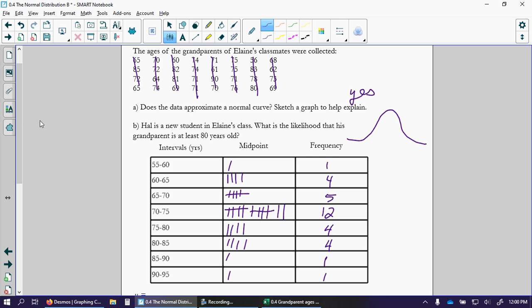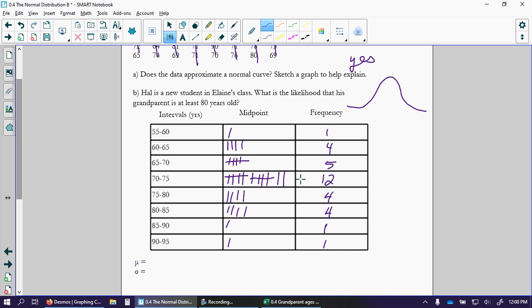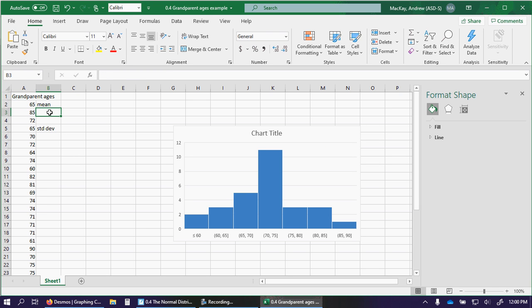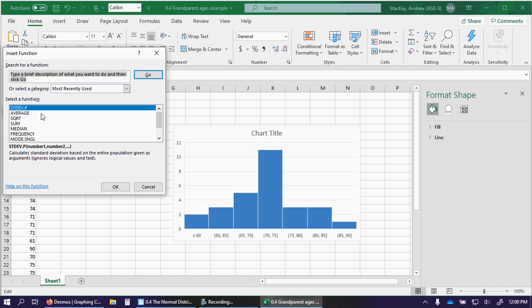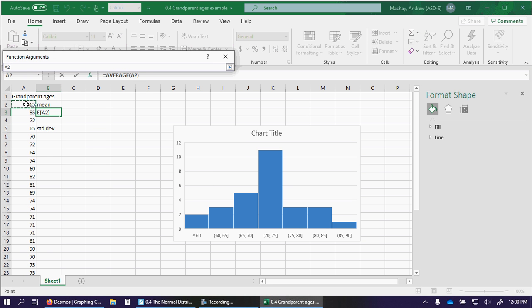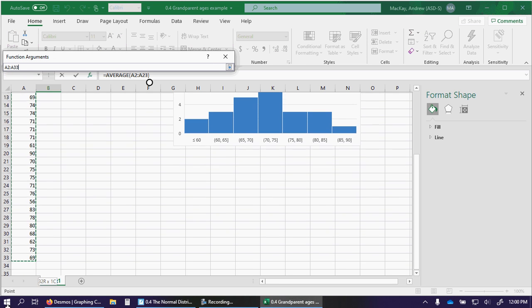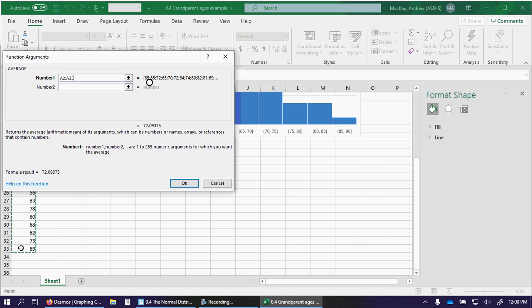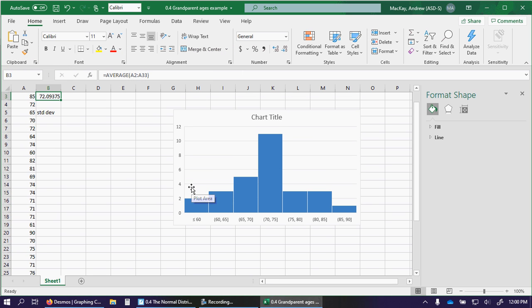So what is the likelihood that someone is above 80? Well, we've got 4, 5, 6 out of 32. I'm going to go over here just because I've got all of this. Calculate the mean, like we've done a number of times. Okay, so the mean is 72.1.